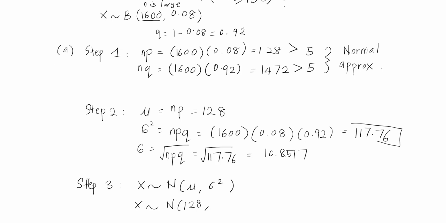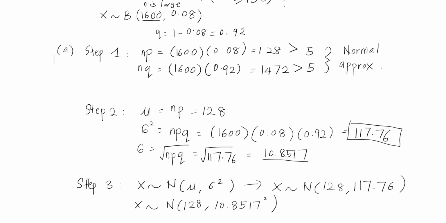You can write this, or you can write it as 10.8517 squared. So no problem, both are correct, because 10.8517 squared gives you 117.76.